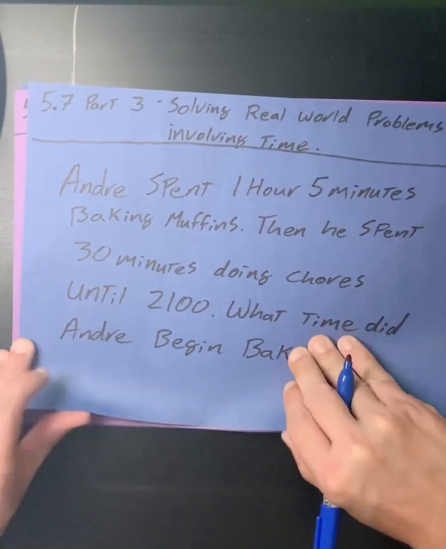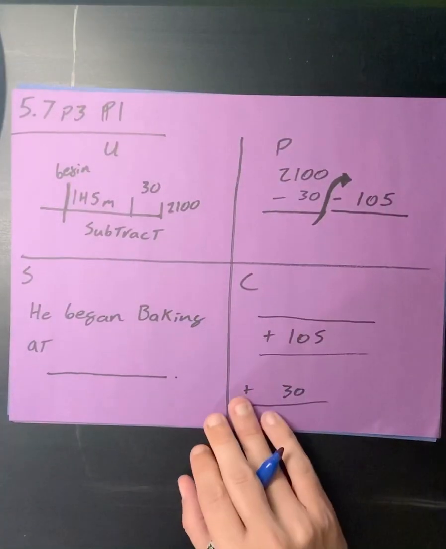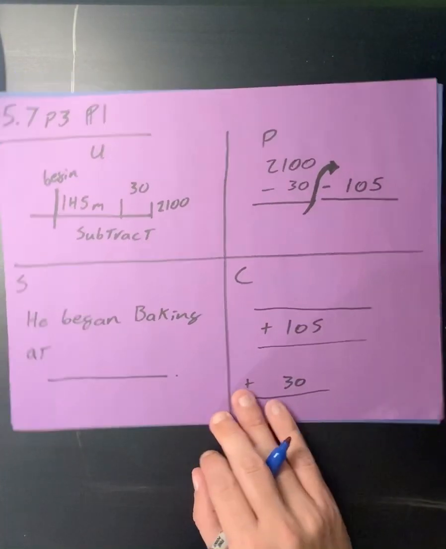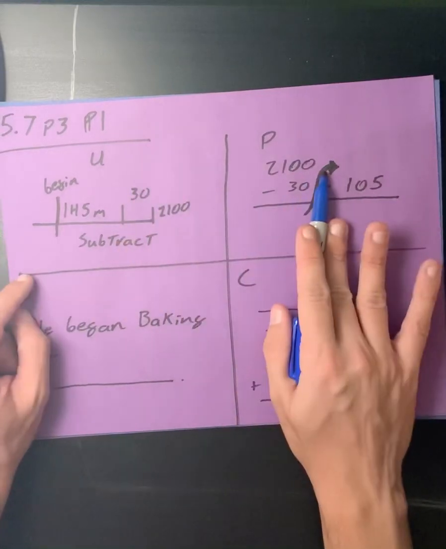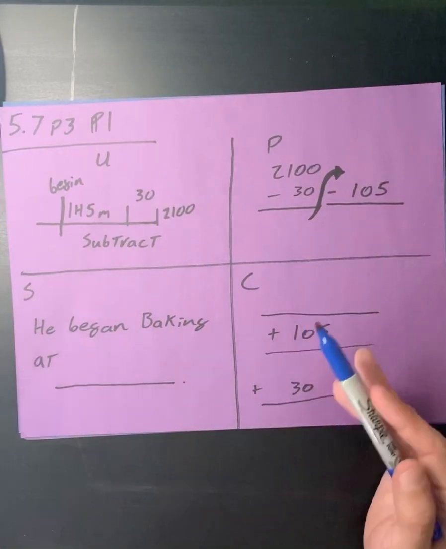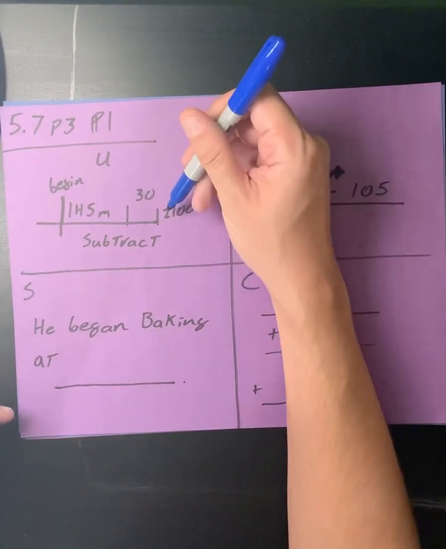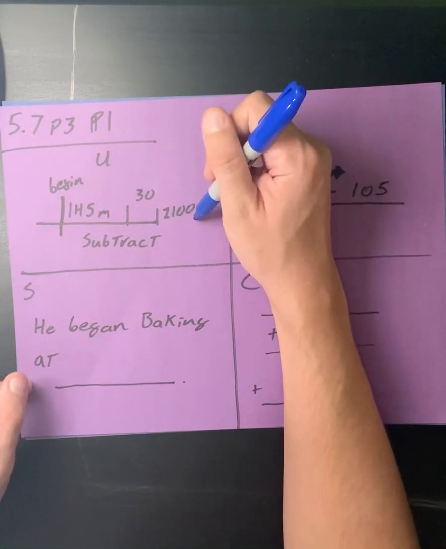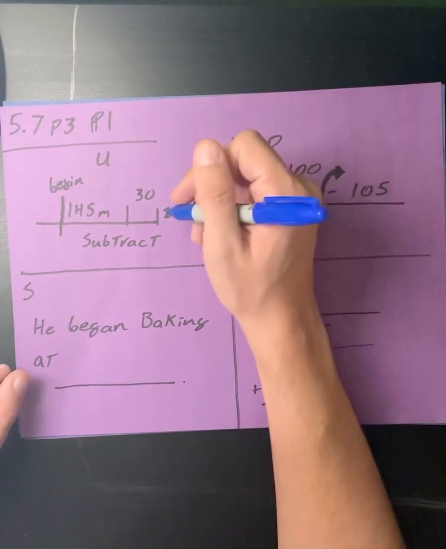So to solve this problem, I have a 4-box method here: to understand, to plan, to solve, and to check. Okay, so to understand, I know that he ends at 2100 hours. That's in 24-hour time.